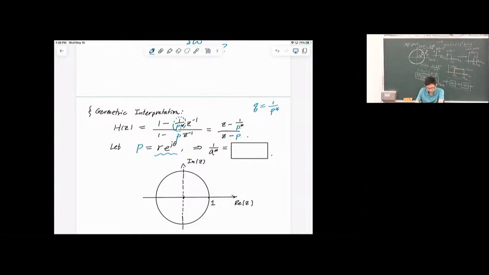We are going to assume that P occurs right here, and we have a straight line with an angle theta and the radius r. And then we have the zero somewhere right there. This is called P, this is called Q. Point P, point Q.